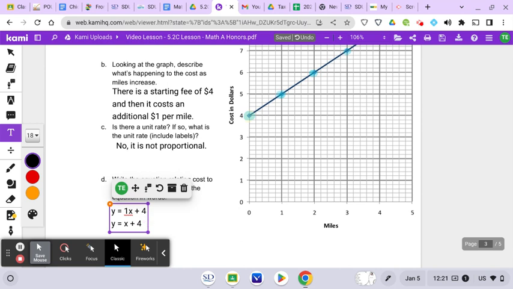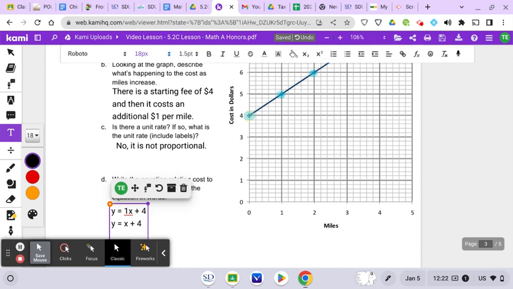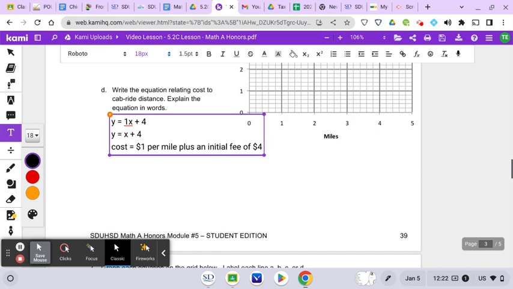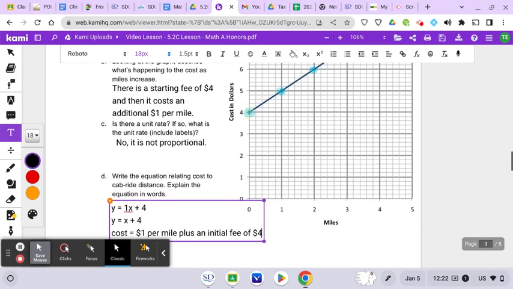Okay, we get that because the cost is equal to $1 per mile plus an initial fee of $4. Okay, hit pause and catch up.